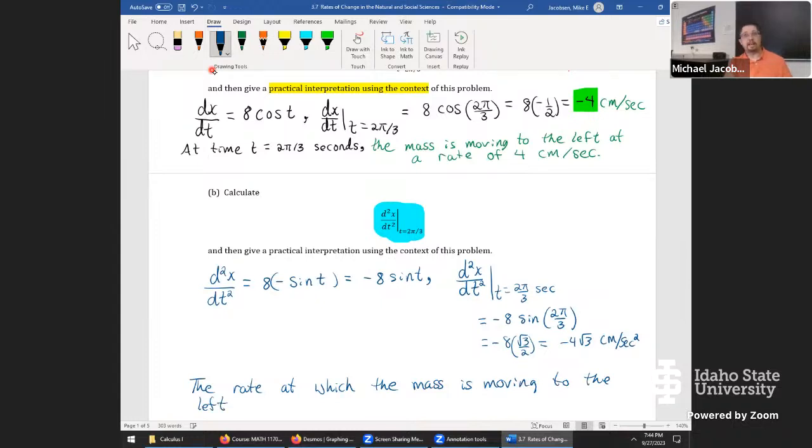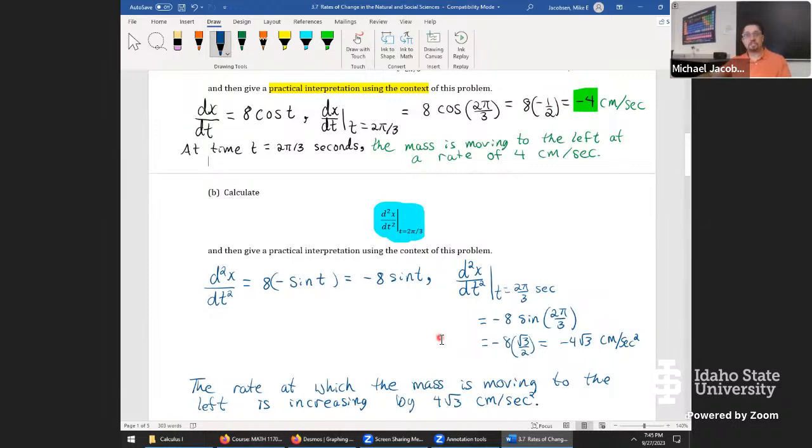I said decreasing, I misspoke on that. We ought to say is increasing by 4√3 centimeters per second squared.